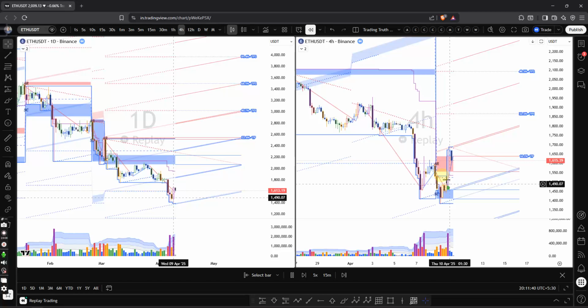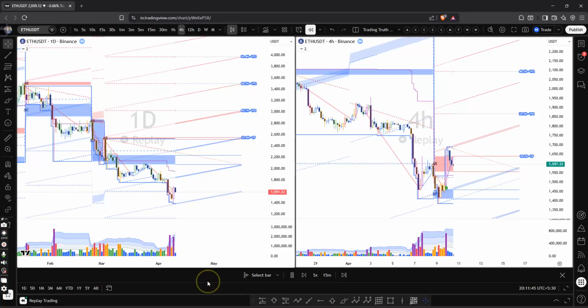So we even got the long signal there on lower time frame.